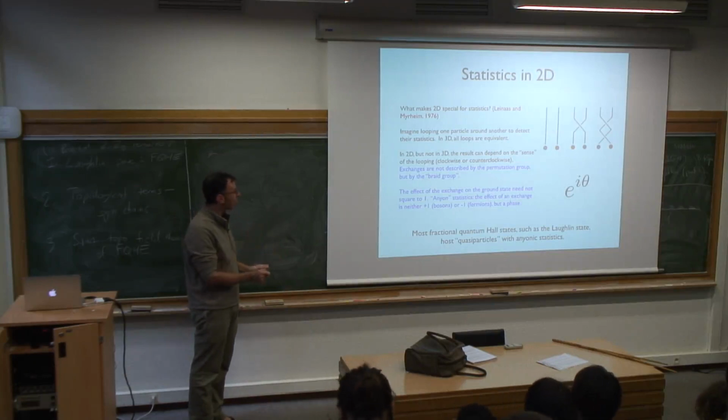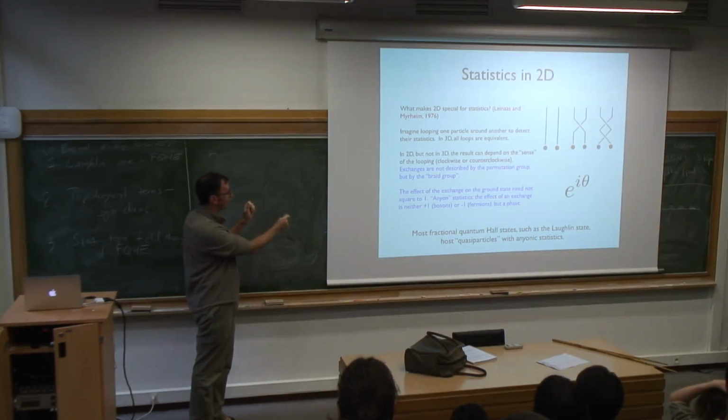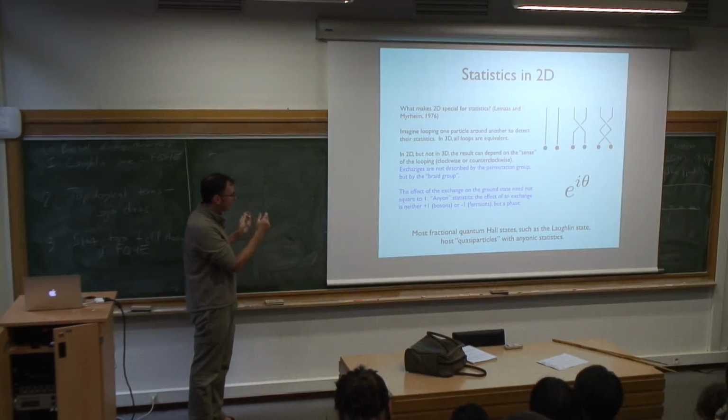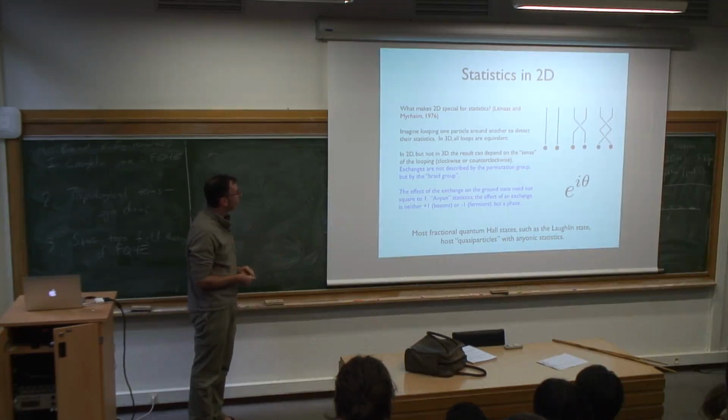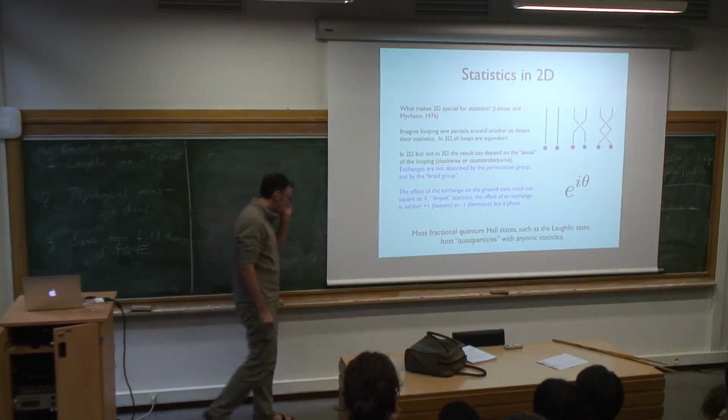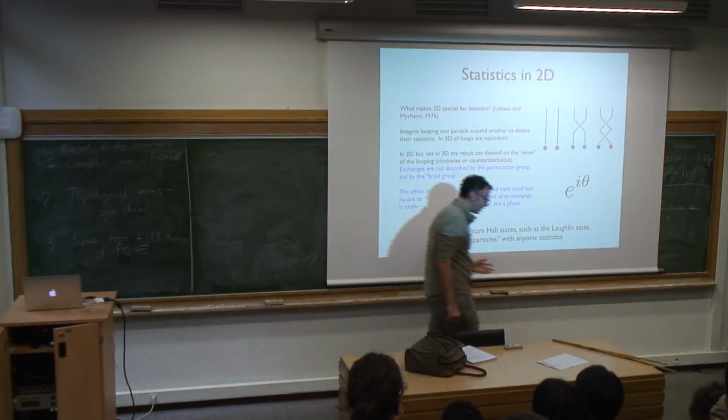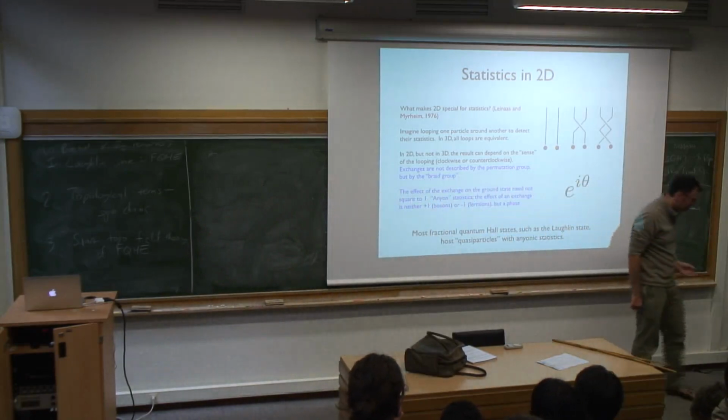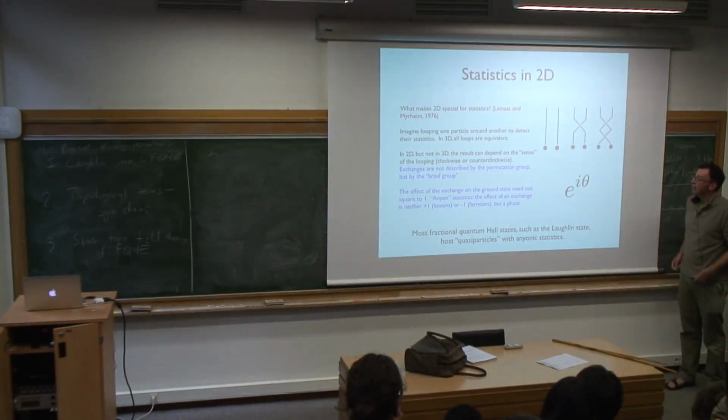That is, I should look at wave functions that transform simply under switching the label Z1 and the label Z2. And if you follow through with that, you get either cases where I don't get a minus sign or cases where I do get a minus sign, and those are bosons and fermions. In 2D, the key point that, as far as I know, was first noticed in '76 is the following.